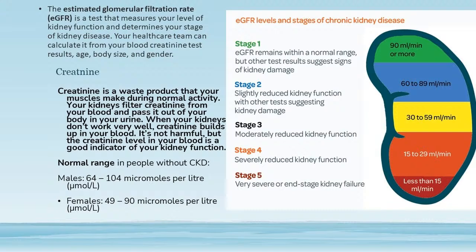And if it's a concern, then we check it more regularly, 3 monthly, maybe even every 6 weeks, if we've got patients that are being managed with medication. So kidneys, again, it's a screen, and there's plenty of things that we can do to support good kidney health.